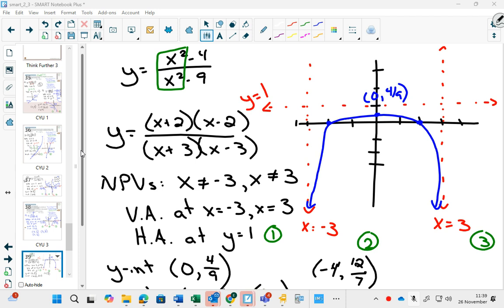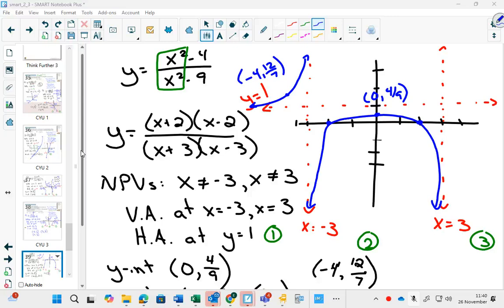And we get 12/7, which is positive. All I wanted to know is, where is that going to be? And is 12/7 above this asymptote or below that asymptote? It's a little bit above, because this is at 1, right? And 12/7 is a little bit above 1, so I plot my point in at (-4, 12/7), and this is enough information for this to happen.